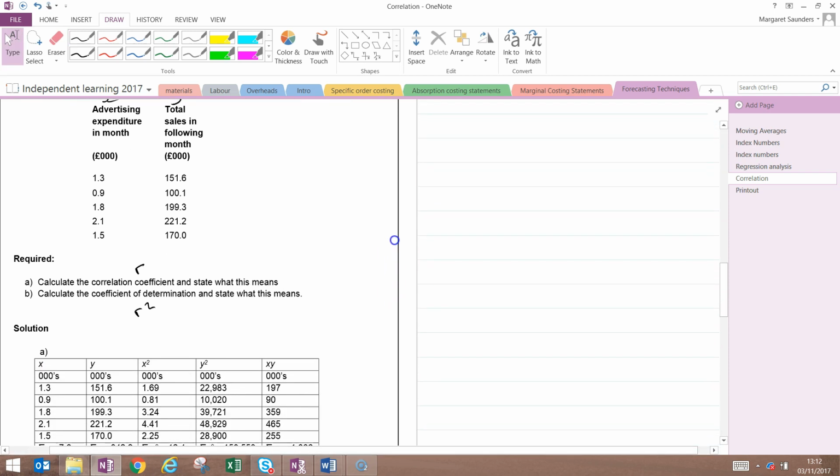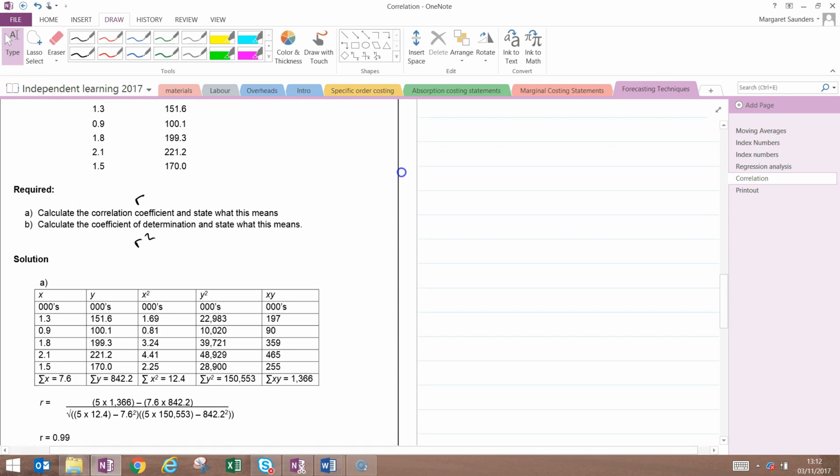If we draw up a table, we have our values of x, which is the advertising. We have the values of y, which is the sales. We need to know the value of x squared, because x squared appears in the correlation calculation.